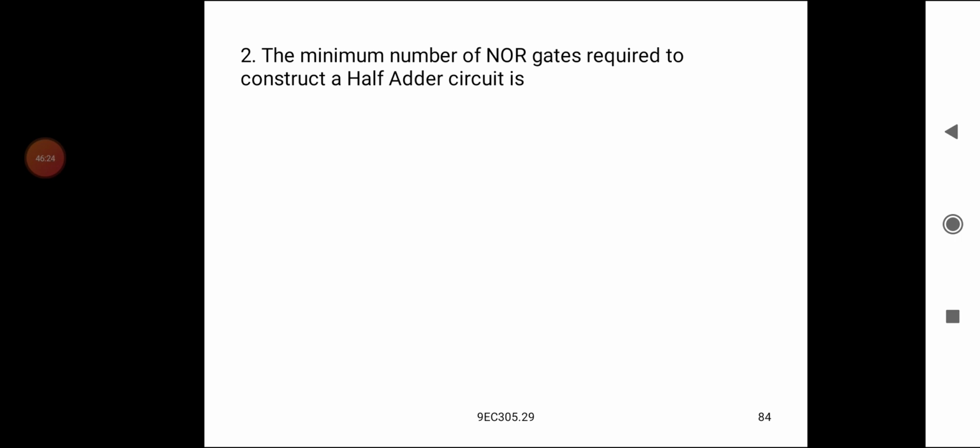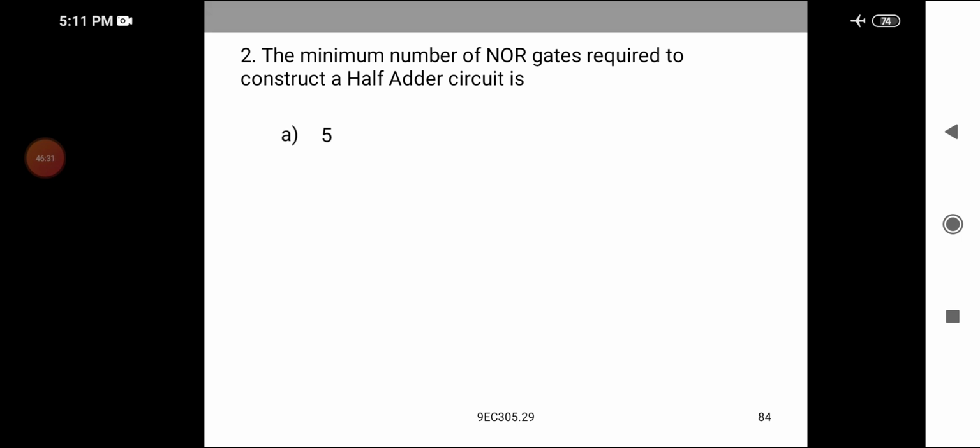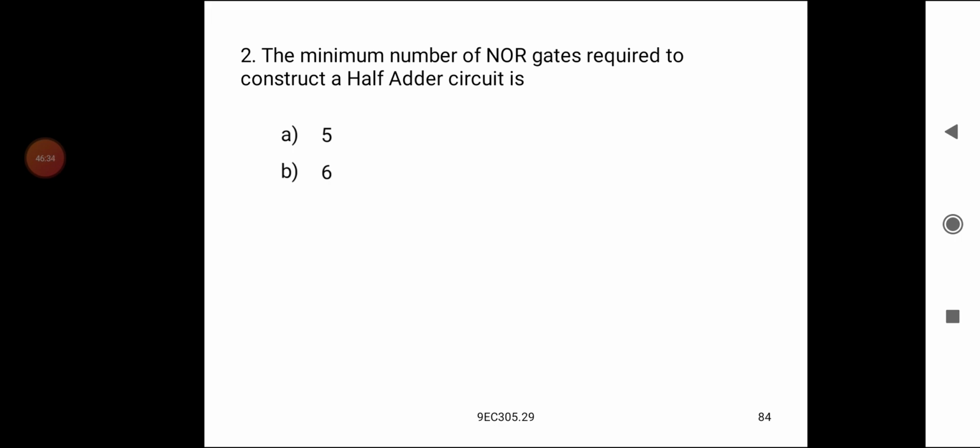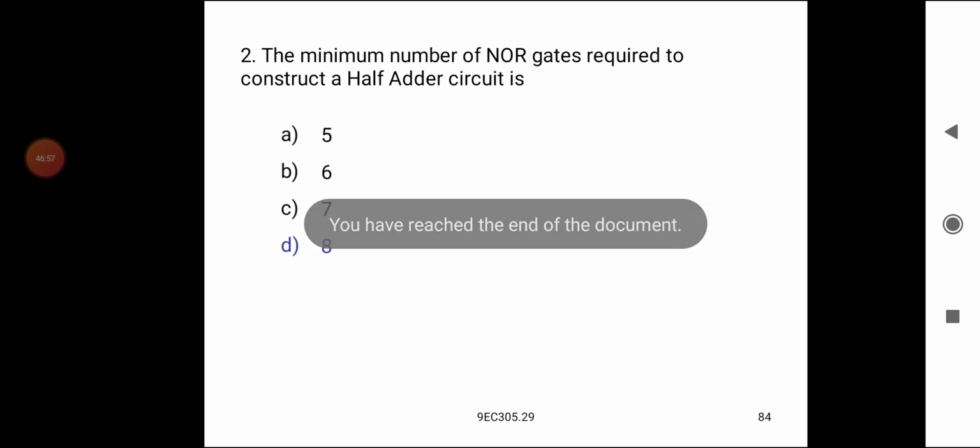The minimum number of NOR gates required to construct a half adder is: A is 5, B is 6, C is 7, D is 8. So B is the correct answer. Thank you.